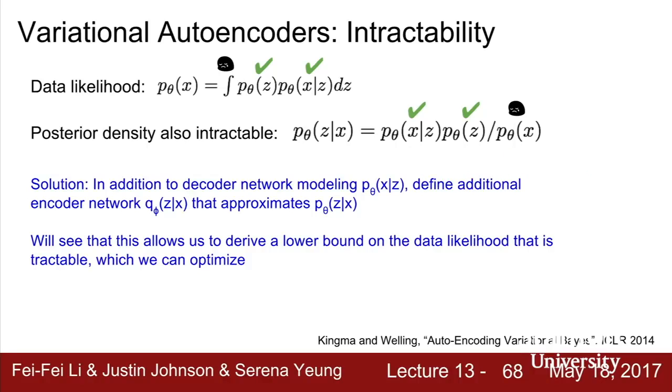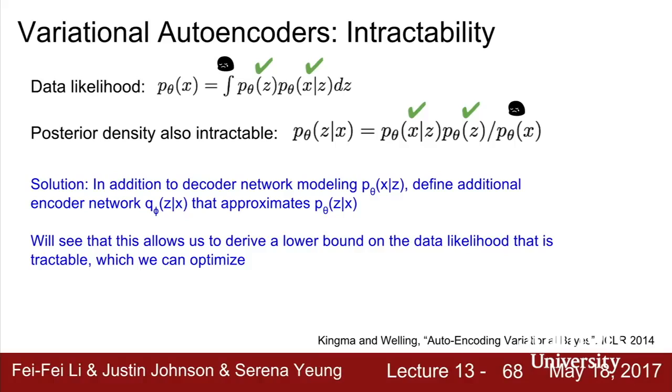So we can't directly optimize this, but we'll see that a solution that will enable us to learn this model is if, in addition to using a decoder network, defining this neural network to model P of x given z, we now define an additional encoder network, Q of z given x. We're going to call this an encoder because we want to turn our input x into, get the likelihood of z given x.